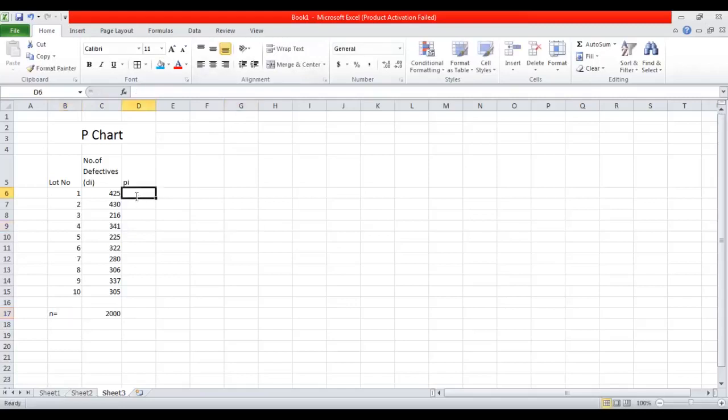For all the different PI values, this N value will be constant, so I'll be using a dollar symbol before this C. Therefore, the PI value will be 0.2125. I'll check the NI value.